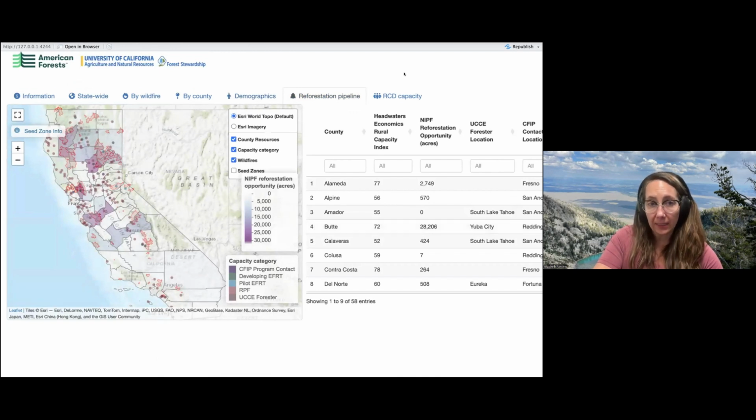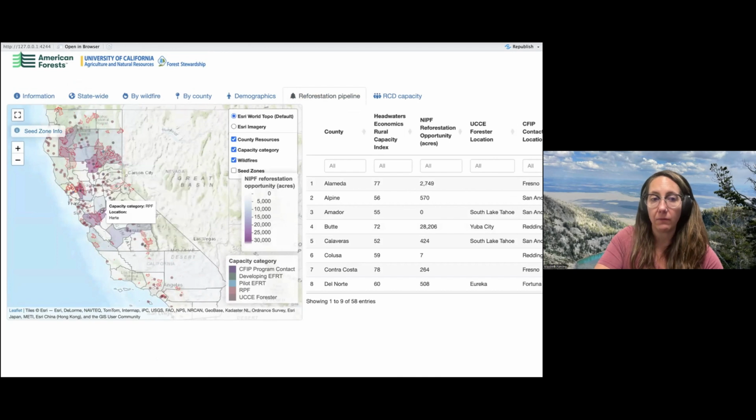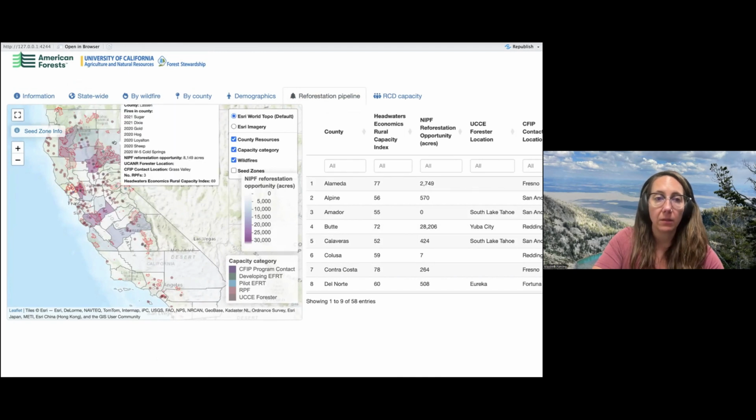When we looked at capacity, this reforestation pipeline really starts thinking about capacity. We have these counties, which are each colored by the amount of reforestation opportunity. Again, the darker the color, the more the reforestation opportunity. And we have some information about the capacity that exists within this particular county.